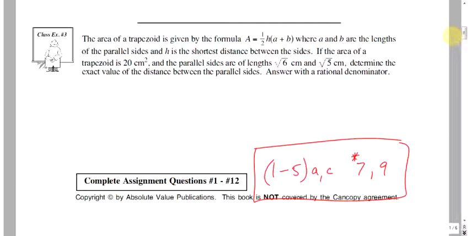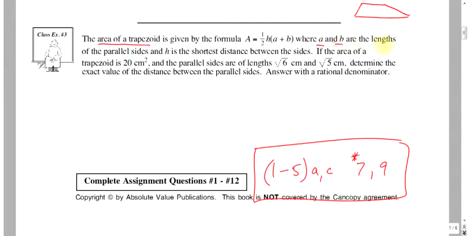So if you've done physics already, you're kind of used to rearranging formulas into a variable, right? But, you know, most of us don't like to do that. We like to just plug in the numbers first. What does this say? This is the formula for the area of a trapezoid. Okay, what's a trapezoid? It's like one of these.